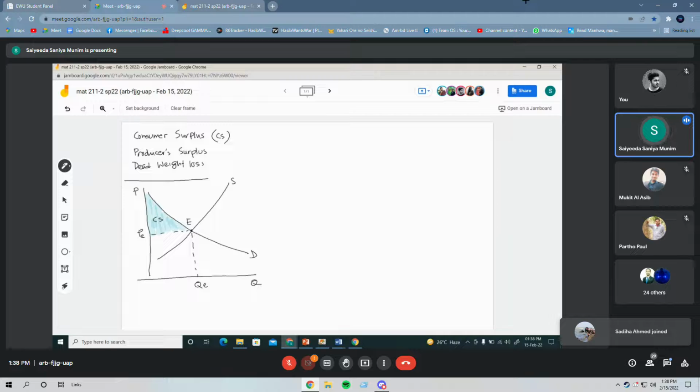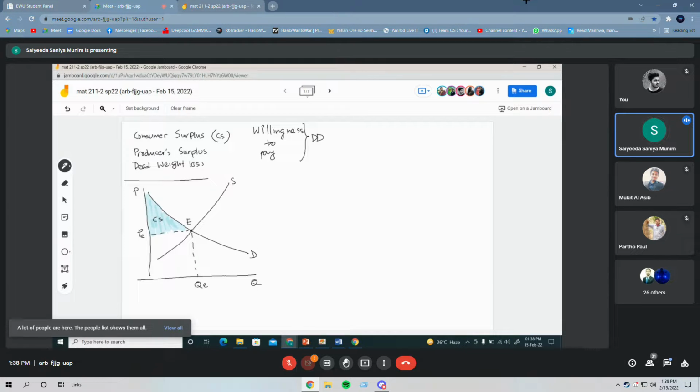The demand curve represents your willingness to pay, how much you are willing to pay for each unit of a product. And PE, the market price, is what you are actually paying. So the difference between them is the consumer surplus.